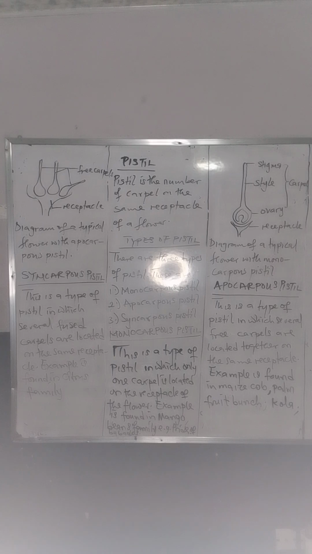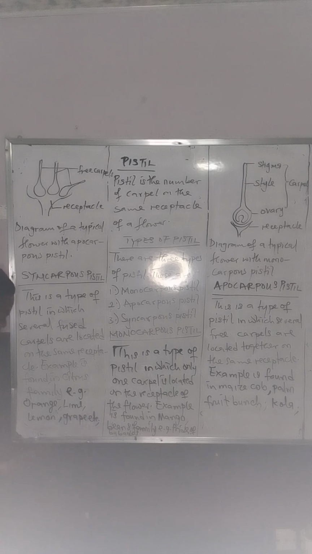If okra dries, it splits into several chambers, each of which contains seed. Each of these separated chambers was once a carpel. So citrus family, e.g. orange, lime, lemon, grape, etc.